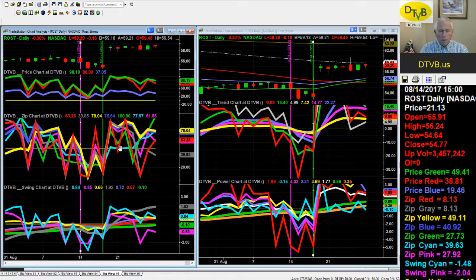And so the result is similarly the same going the other way. The day before the pink vertical line, zip red was at 70, and then on the pink vertical line day, zip red is at 8. So it's dropped 62 points there. Even if red would have come back up a little, the price would have likely gone down at least to some degree.